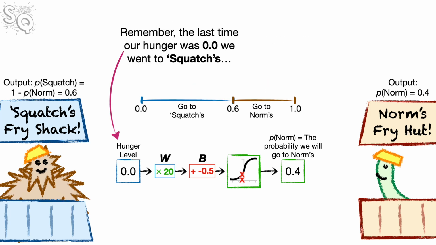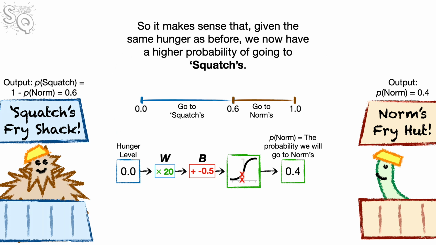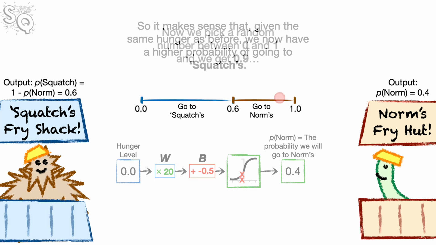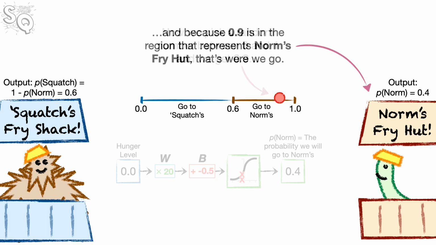Remember, the last time our hunger was 0.0, we went to Squatch's. And we got what we wanted. So it makes sense that, given the same hunger as before, we now have a higher probability of going to Squatch's. Now we pick a random number between 0 and 1, and we get 0.9. And because 0.9 is in the region that represents Norm's Fry Hut, that's where we'll go.